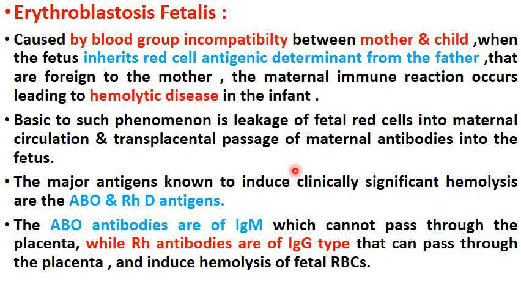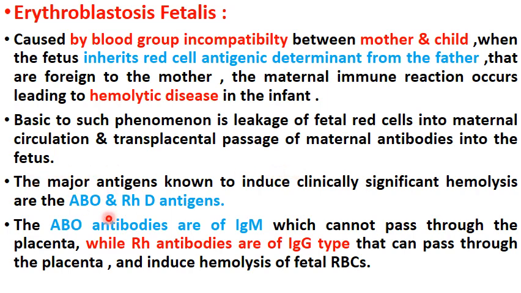This maternal antibody will be memorized and kept in the blood of the mother. For the second pregnancy, this maternal antibody leaks through the transplacental passage into the fetus and causes damage to the red blood cells and then hemolysis, and subsequently leads to erythroblastosis fetalis.